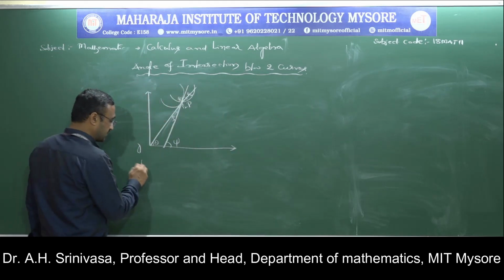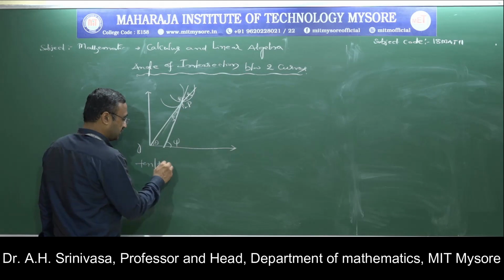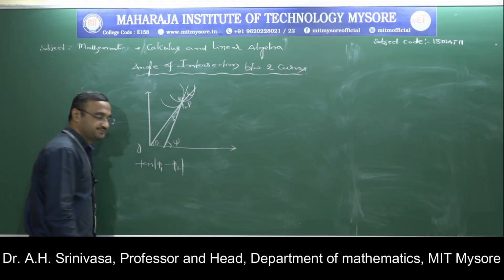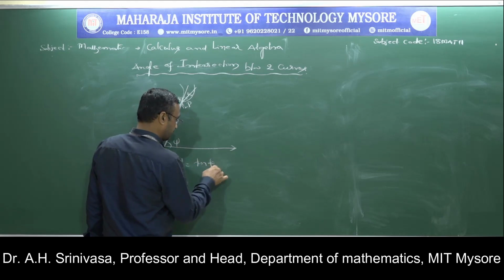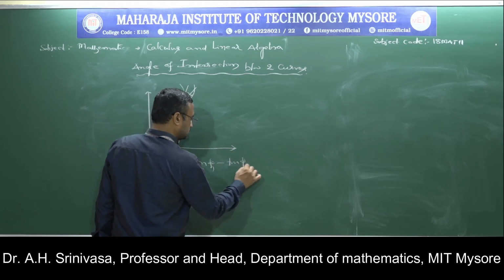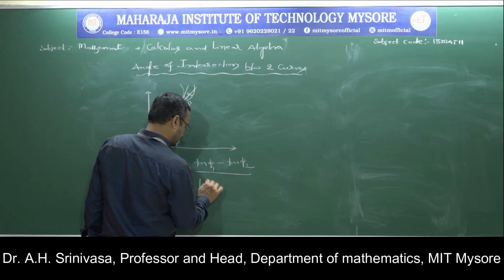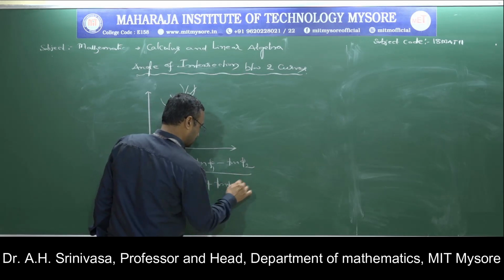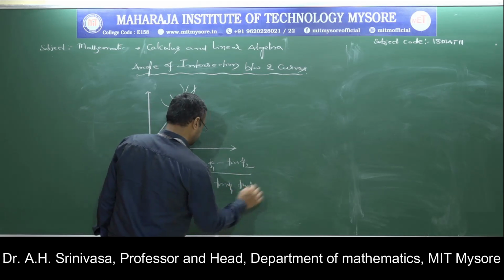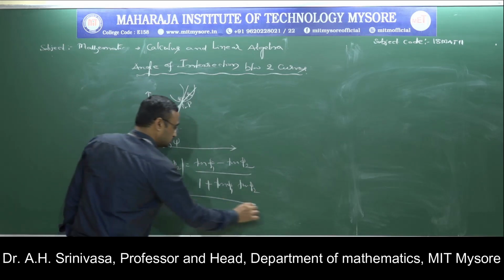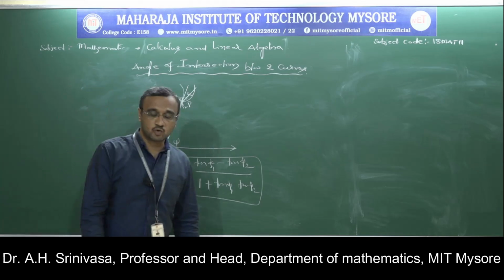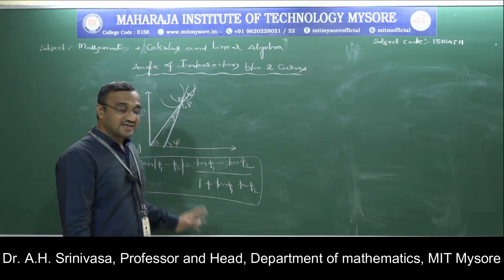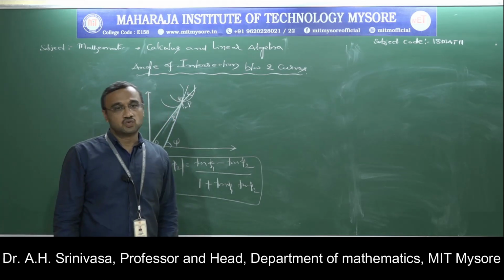Simply we take tan of phi 1 minus phi 2, which is tan phi 1 minus tan phi 2, all divided by 1 plus tan phi 1 into tan phi 2. We use this result to solve more problems to find the angle of intersection between two curves.